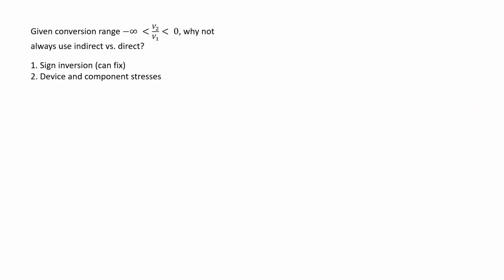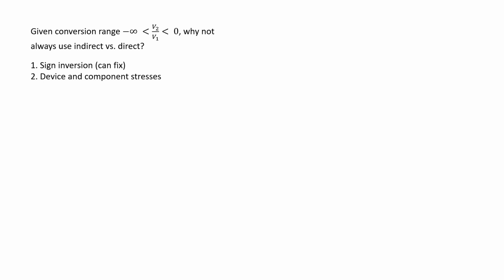Okay, now let's come back to the property of the indirect converter that has a large range of conversion ratio from minus infinity to 0. So why don't we just always use an indirect converter versus a direct converter? I already saw a moment ago that it's easy to use.